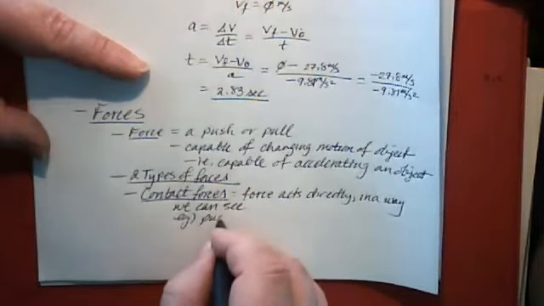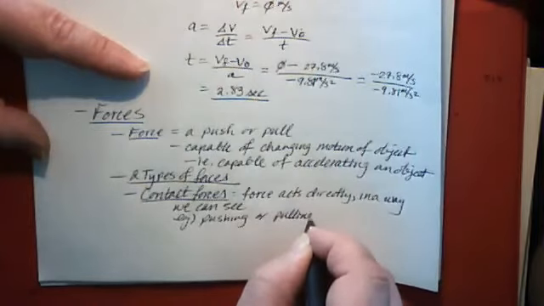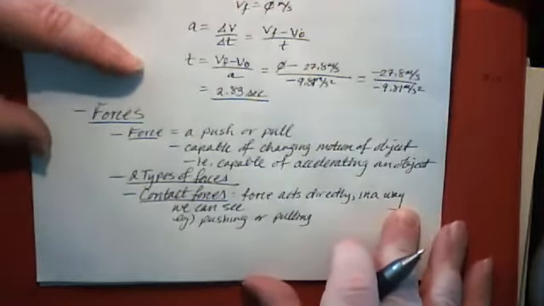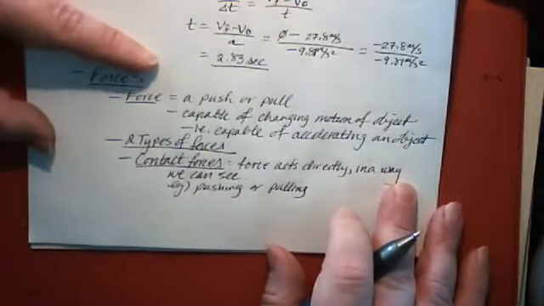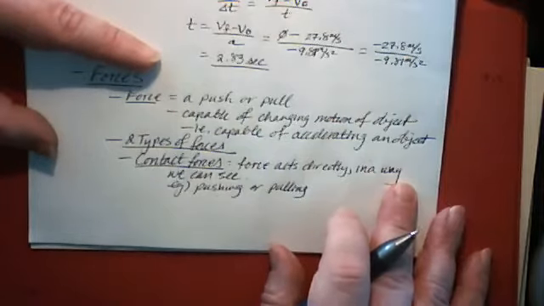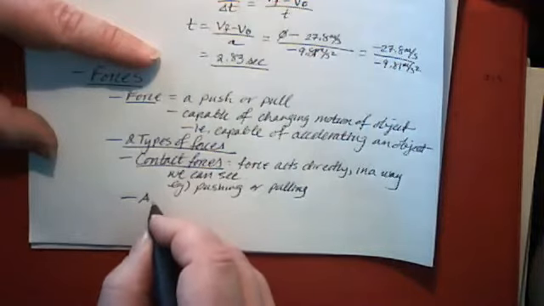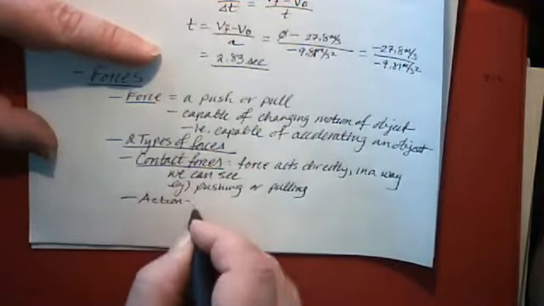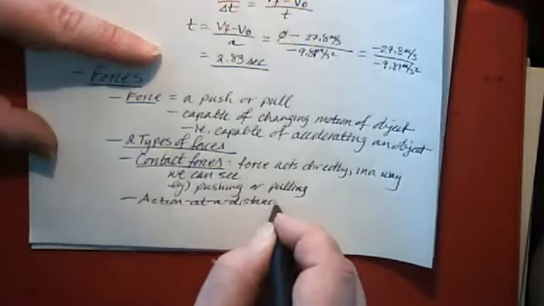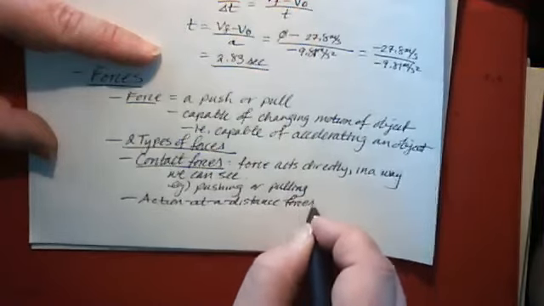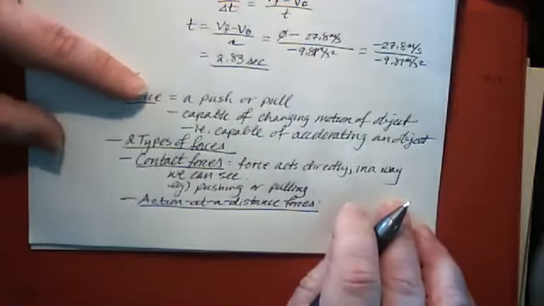An example of that would be pushing or pulling something. If you walk up and start pushing on something, well, it's obvious to see how the force is acting on the object. The other type of force, though, is action at a distance type forces. And those are ones where the force acts in ways that can't easily be seen.